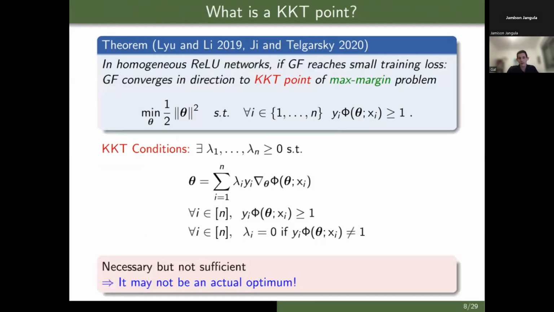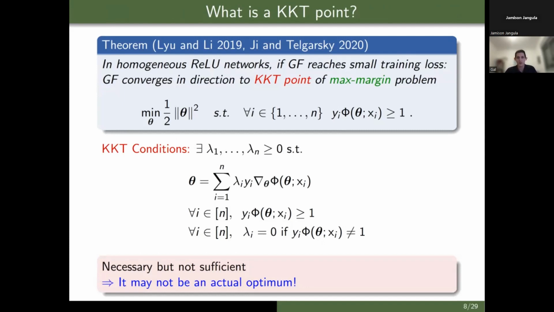But formally, a KKT point is just a point which satisfies some set of conditions which are called KKT conditions. So the theorem guarantees that we converge to some parameter theta that satisfies these KKT conditions, which are given in these equations. In this talk, we will not really care about the details of these equations.